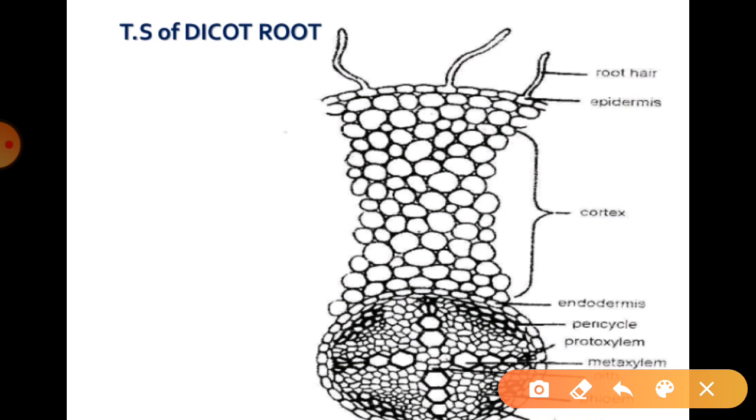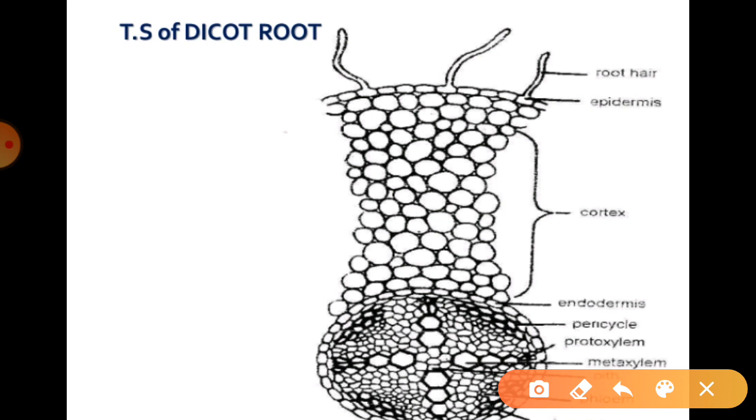And the same thing came here: the protoxylem is toward the periphery and the metaxylem later forms toward the center of the root. So they are again known as exarch in their characteristics of root.